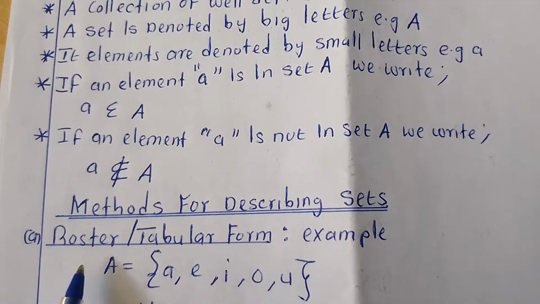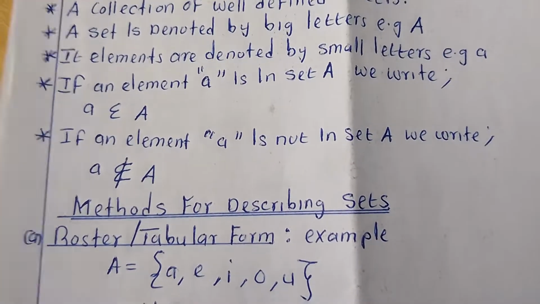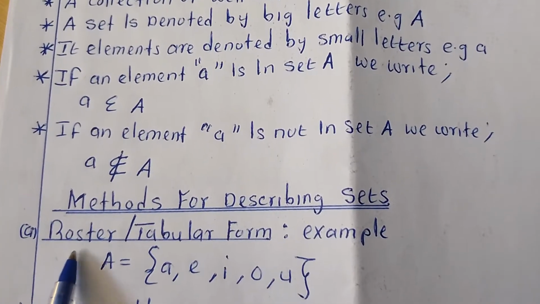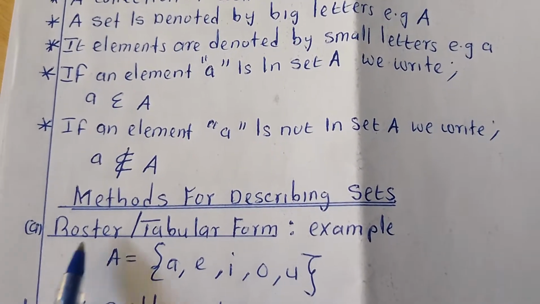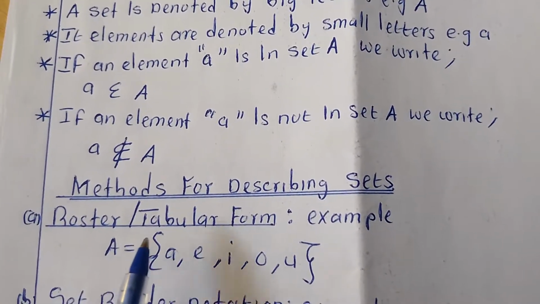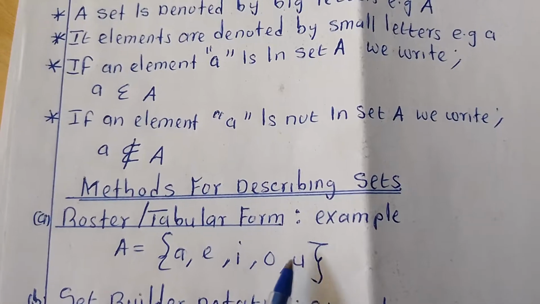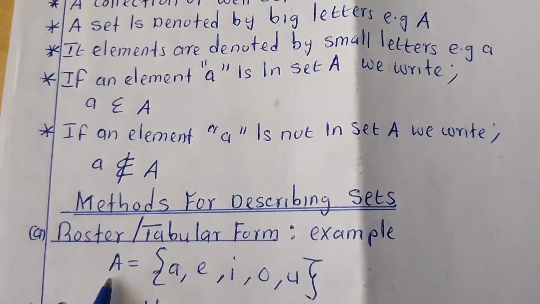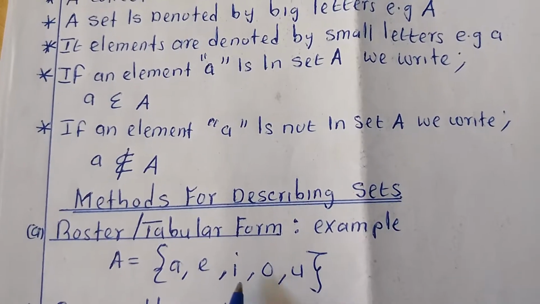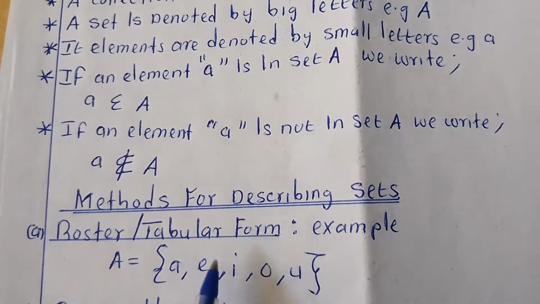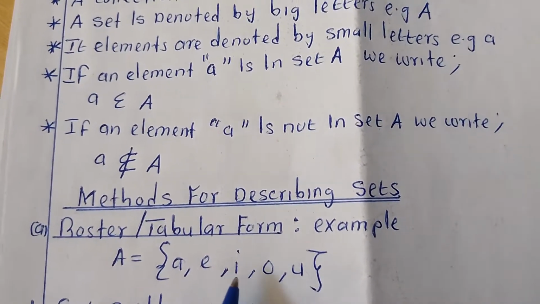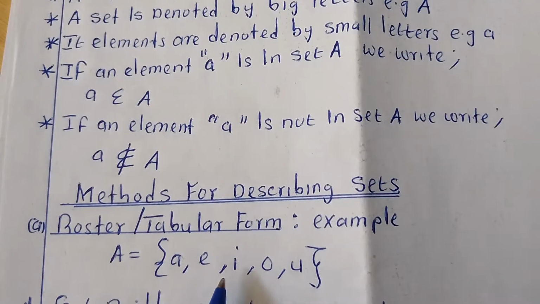Now, there are methods that we use for describing sets. The first method we simply call the roster or tabular form. The roster or tabular form is where, if you've got a set A and you've got elements in set A, those elements must be written in such a way that there are commas in between them so that they are separated and independent.